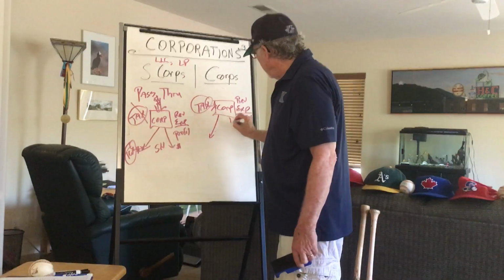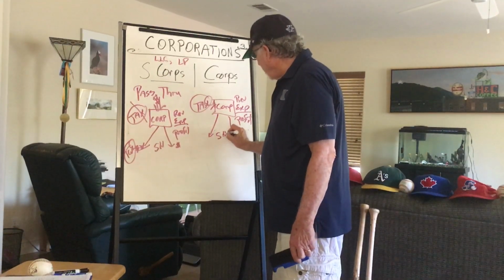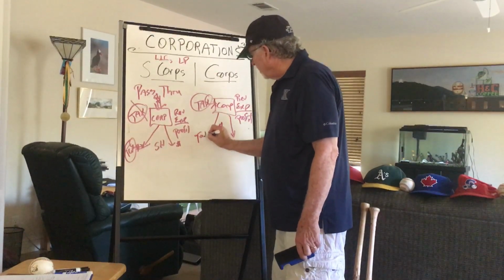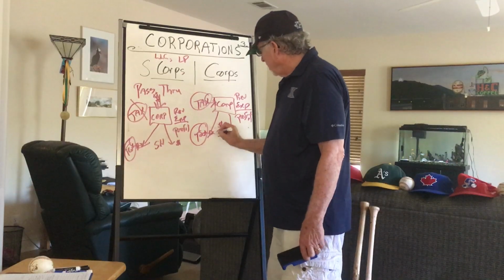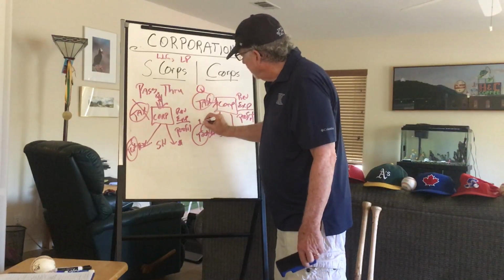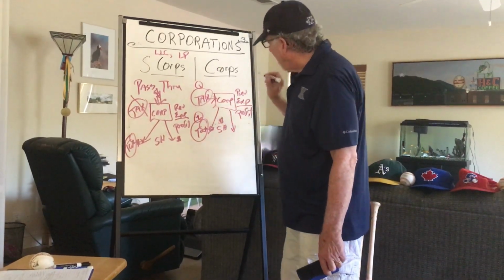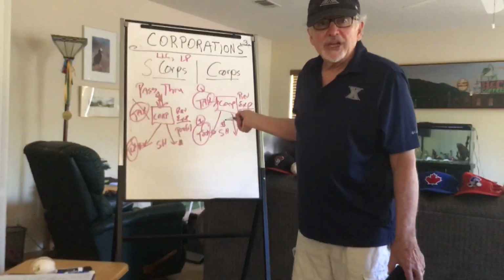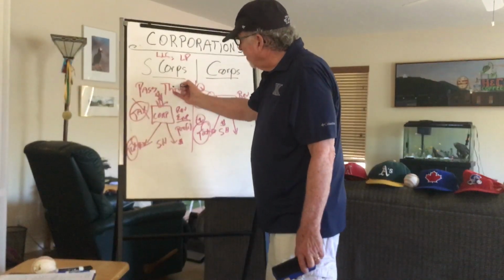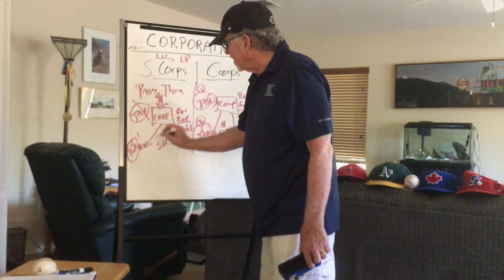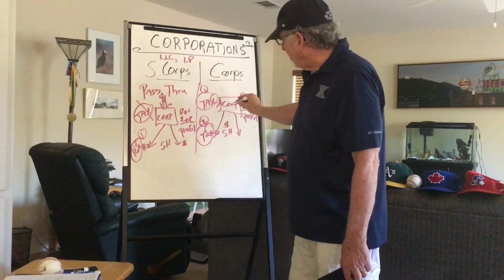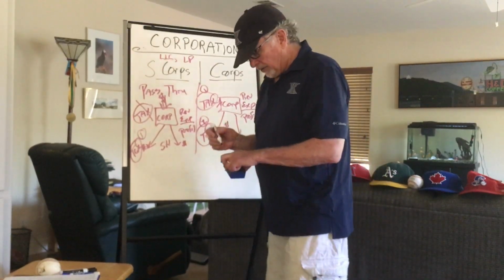Once the money comes out to the shareholders, there's a tax on the shareholders. This is the infamous double tax. One tax, two taxes. This is the infamous double tax on C corporations, all right? In the S corporation, you only have one tax, no tax at the corporate level. In the C corporation, you have a tax at the corporate level and at the shareholder level.